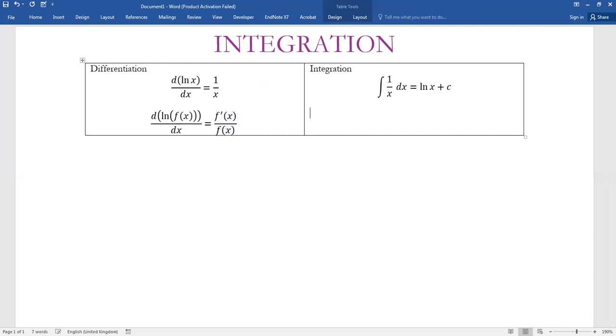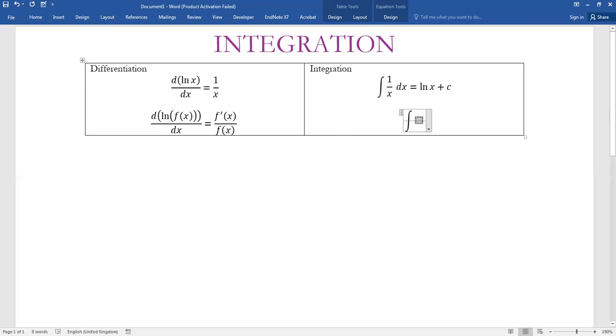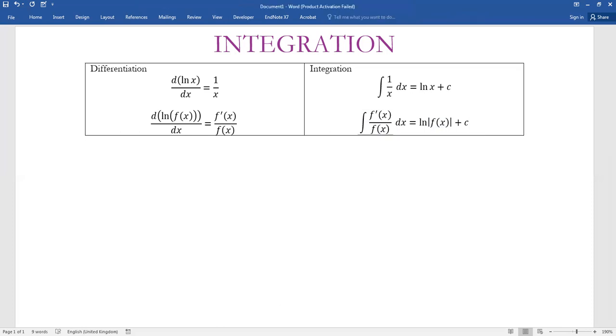Yes, sir. So again, we will have to use similar scenarios when integrating, like the function in the denominator and its derivative in the numerator. We'll simply say that this will integrate to ln of the function plus c. Is this clear? Yes, sir.